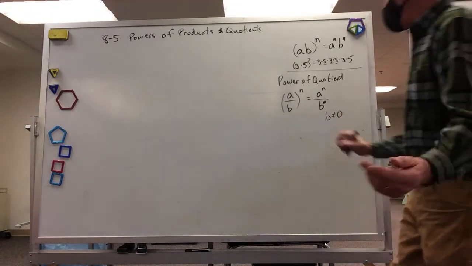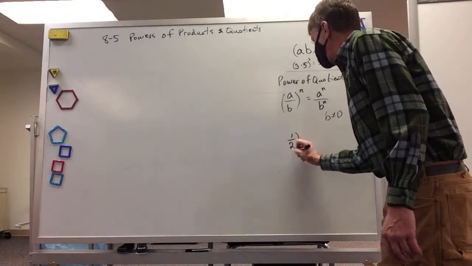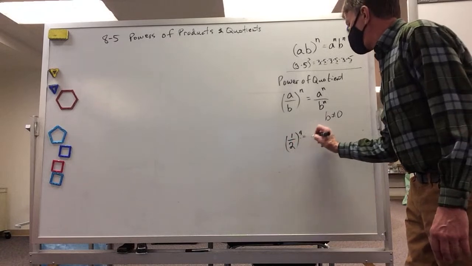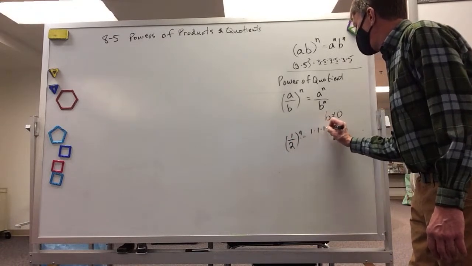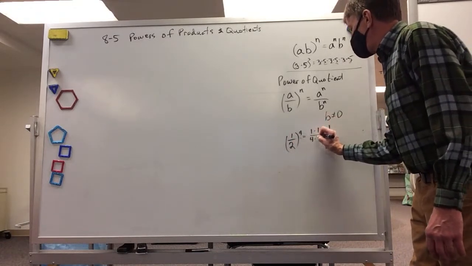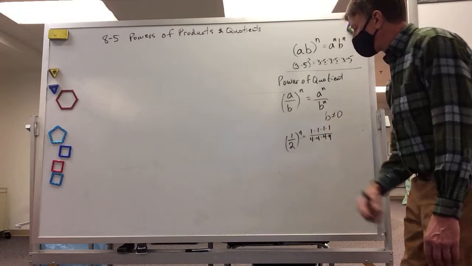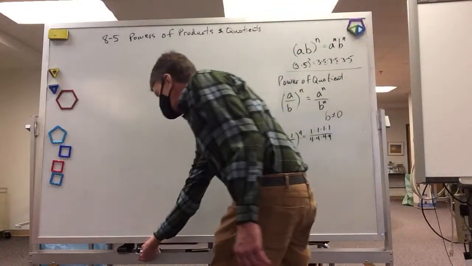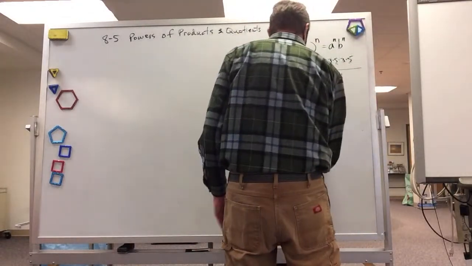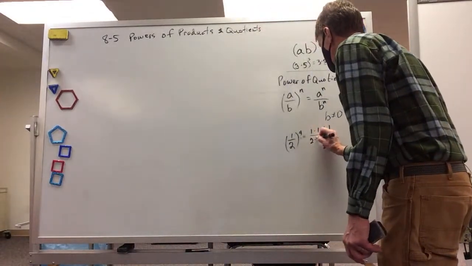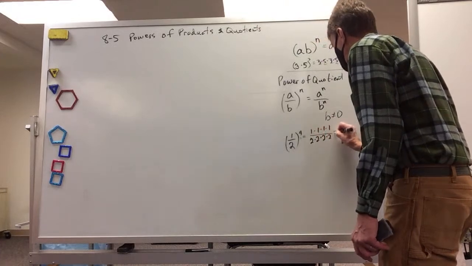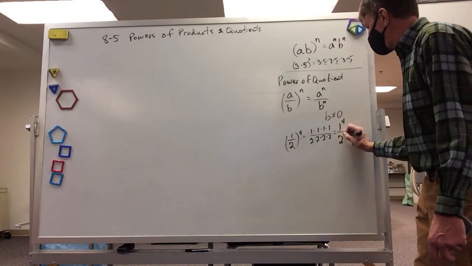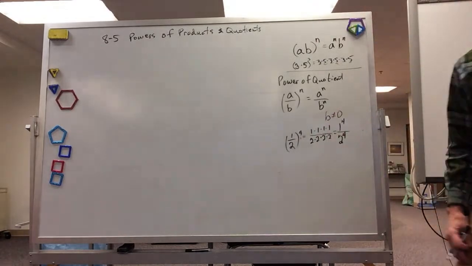So an example of this would be if you took 1/2 to the 4th power. Well, that's going to be 1 times 1, 4 times, over 2 times 2, 4 times, because that's how we multiply fractions. So if you rewrote this as exponents, that'd be 1 to the 4th over 2 to the 4th.